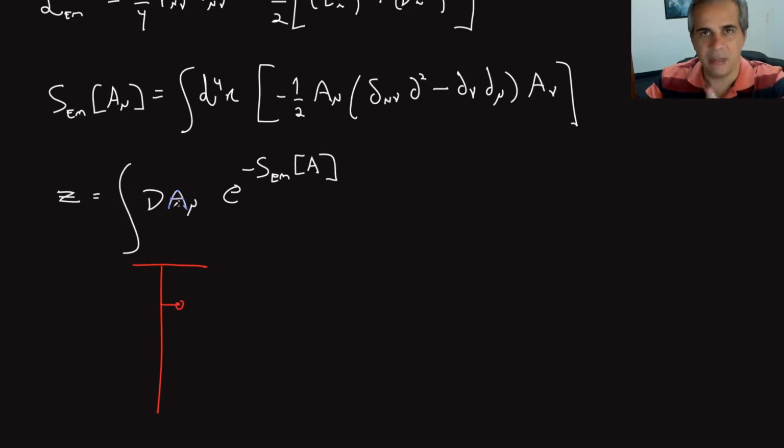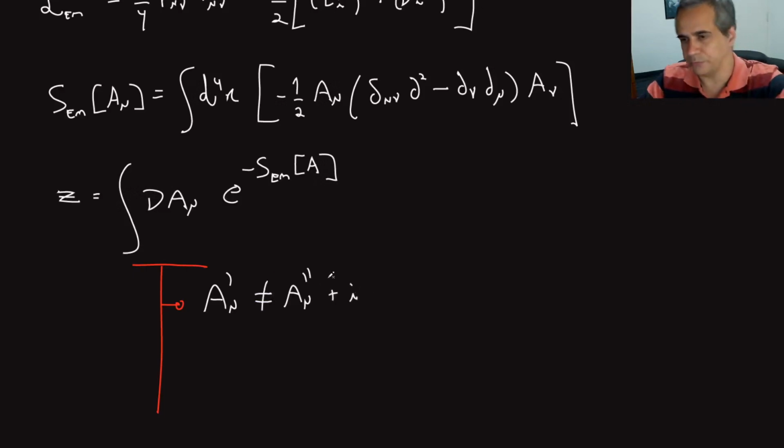I could think that I'm taking different configurations of the field in space-time, and if I take a configuration A mu prime and another one which is A mu double prime, I can think of the terms in the sum where there's no lambda that makes this guy equal to that one by a gauge transformation, right?